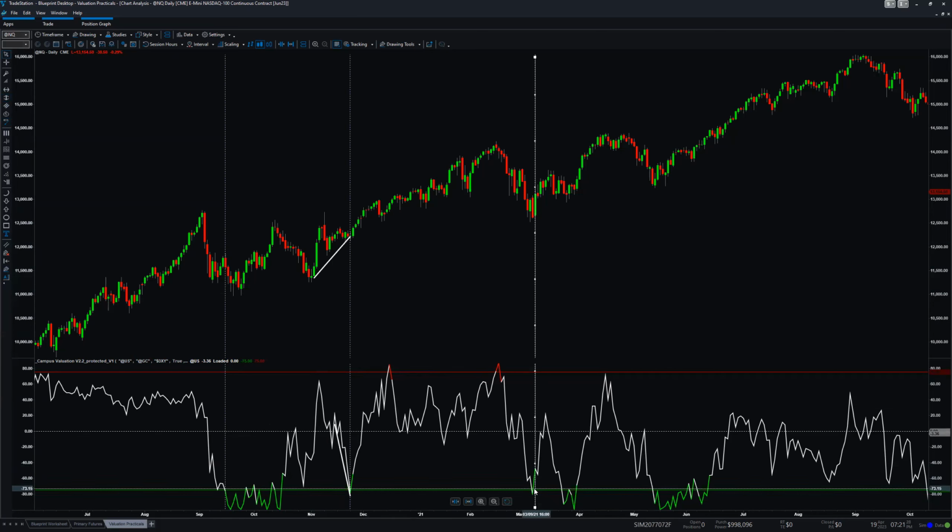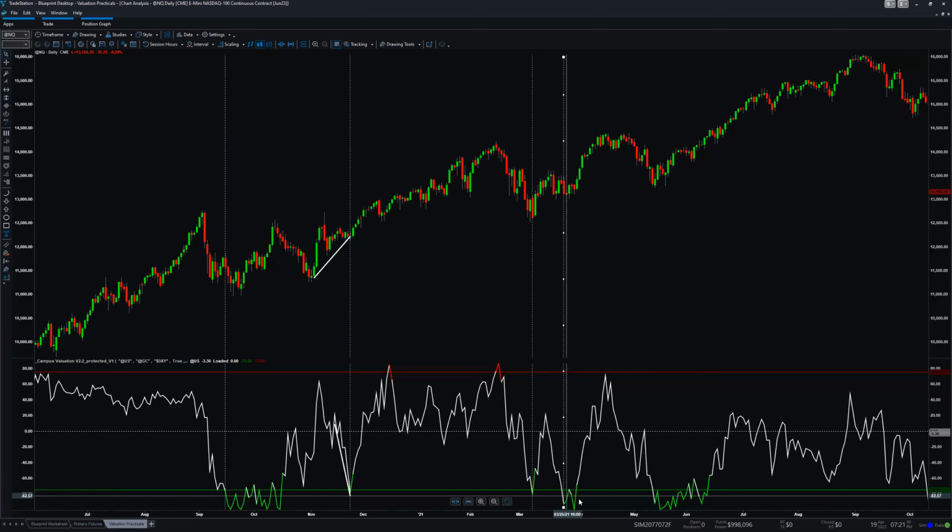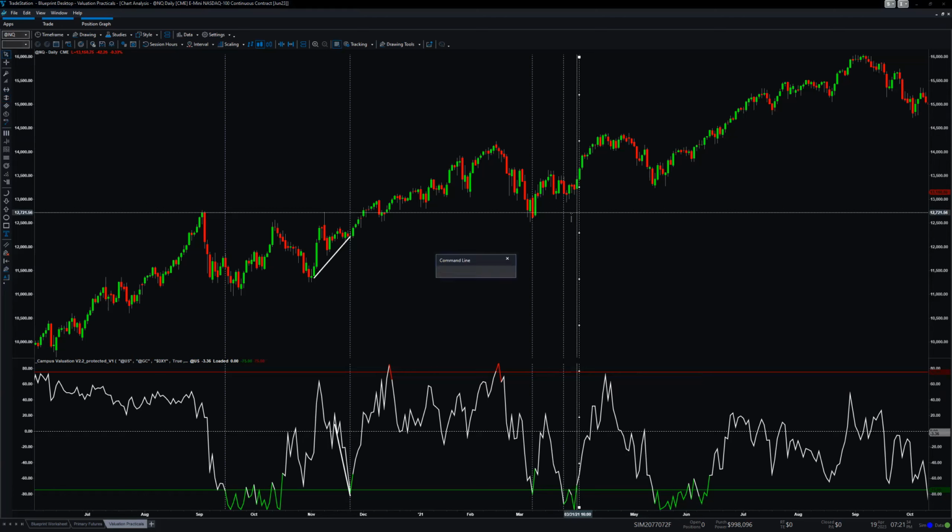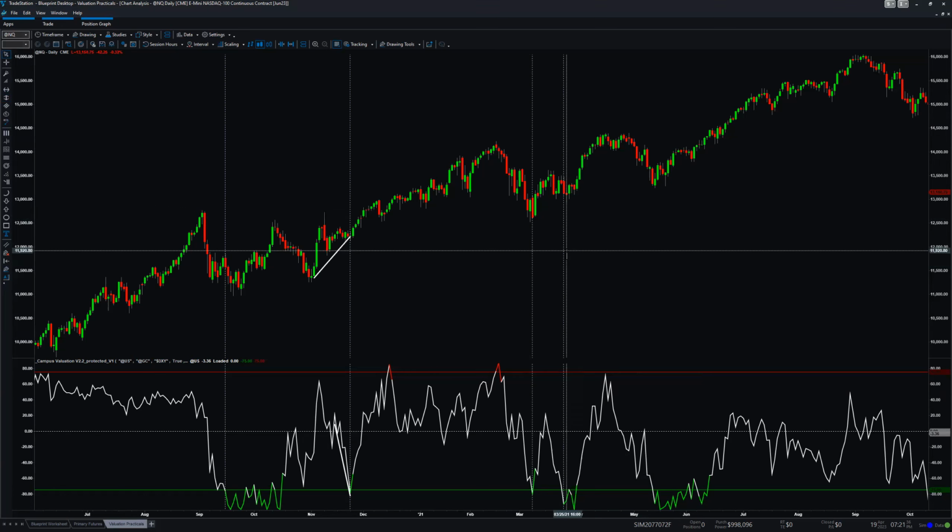Within that uptrend, undervalued, rally. Here again, we get that rare setup where price is rallying but we're getting undervalued again.